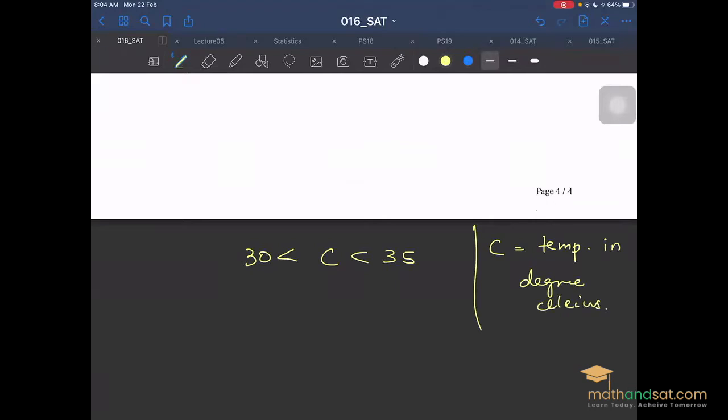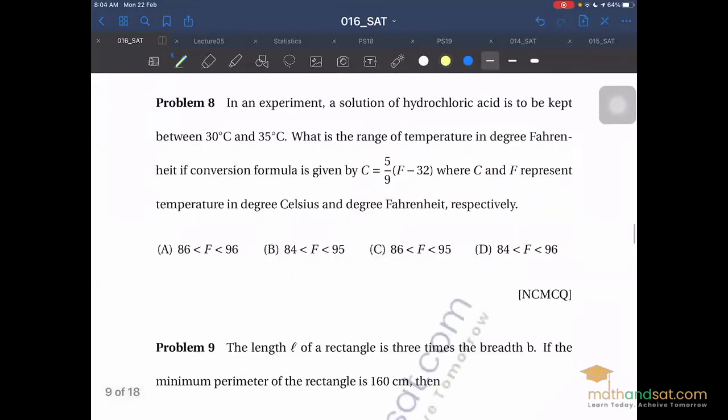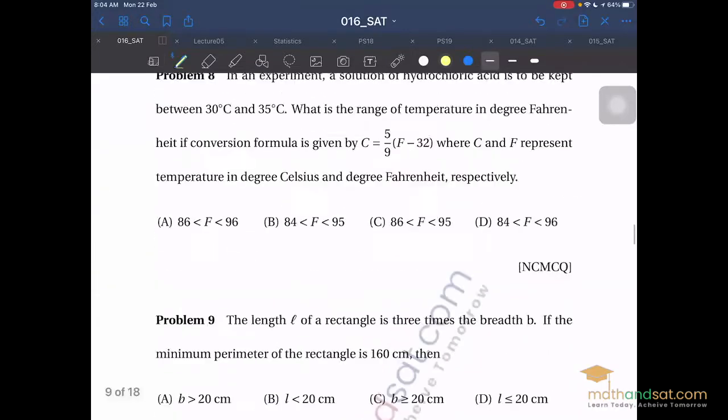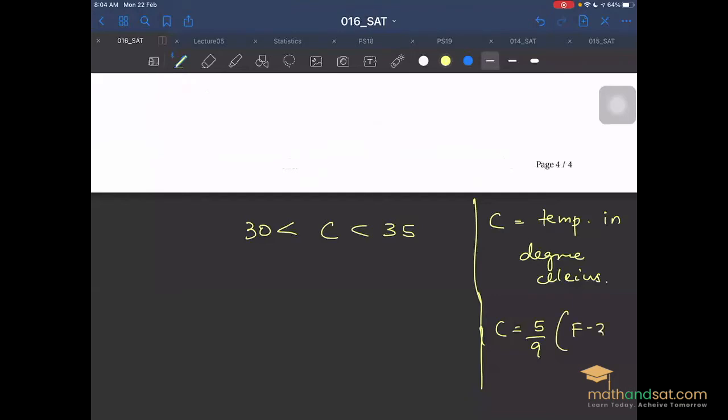You have to figure out the same stuff for Fahrenheit. Now there is a conversion given, and that conversion says C is equal to 5/9 times (F minus 32).